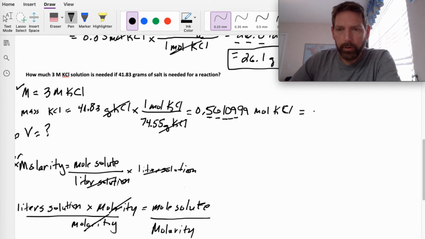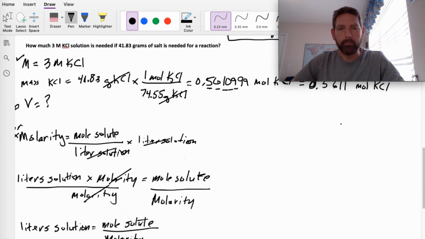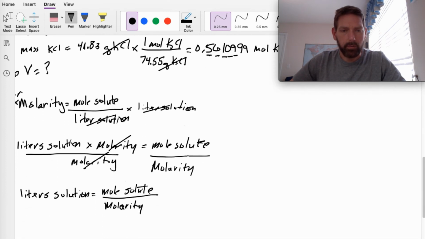So for here, we can just use 0.5611. Why not? Moles of potassium chloride. All right. So now this is the new form right here of our equation, right?